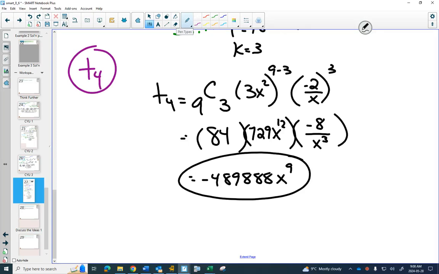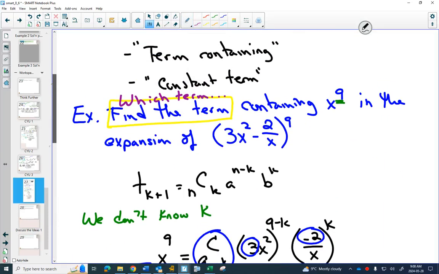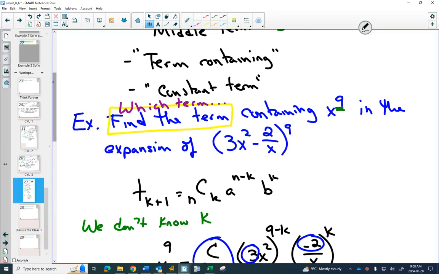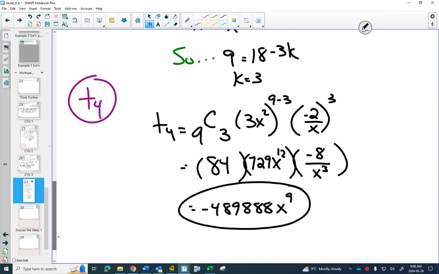Find the term containing x to the 9. So again, when you're looking at the wording, this question said find the term. That doesn't mean you just say which term it is. After you find out it was term 4, then we have to go on and say exactly what term 4 was.